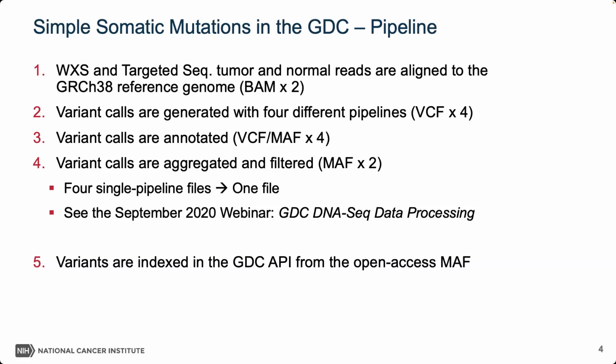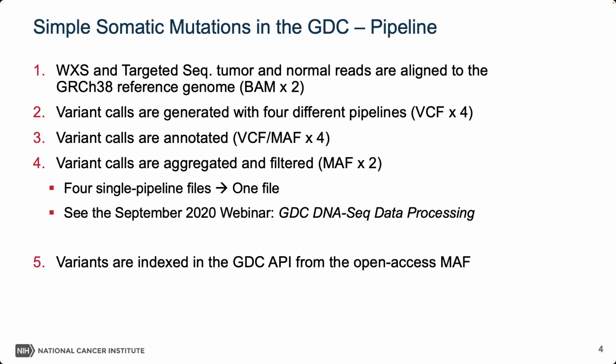Lastly, and most importantly for our case, the variant calls are aggregated and filtered. This results in 2 separate MAFs, one open access and one controlled access. And I want to mention that when I say aggregated, I mean that for a single tumor normal pair, you have 4 different pipelines, and all 4 of those are aggregated into one file, one MAF file.